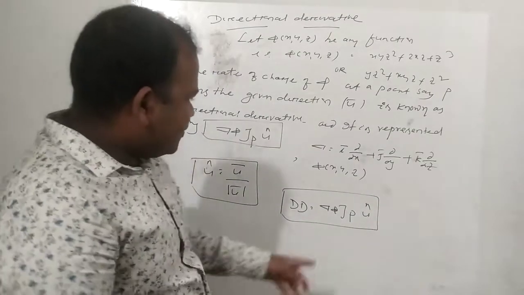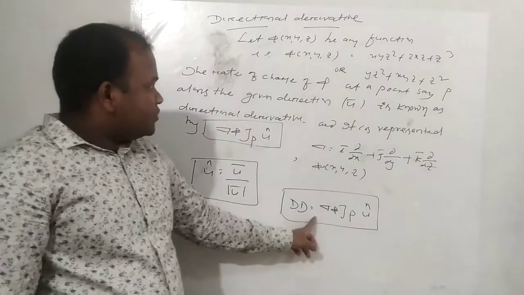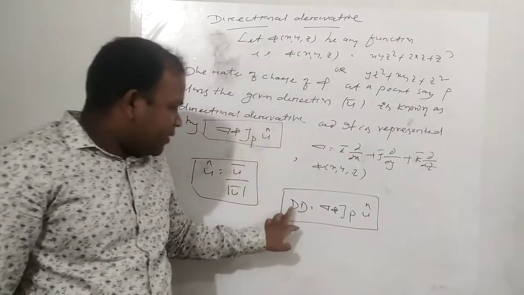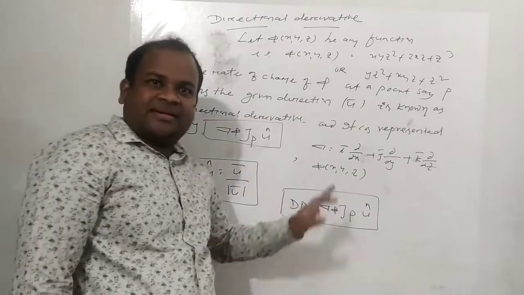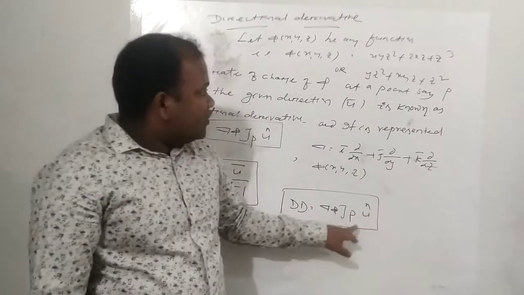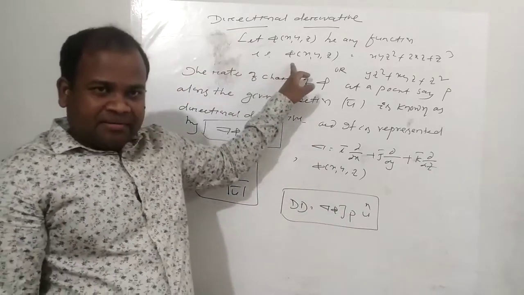So this is your final answer. In this way, you will solve the problems. Whenever phi of x, y, z is given, you will find out the directional derivative. But in case of u cap, if the u vector is given, that is fine.